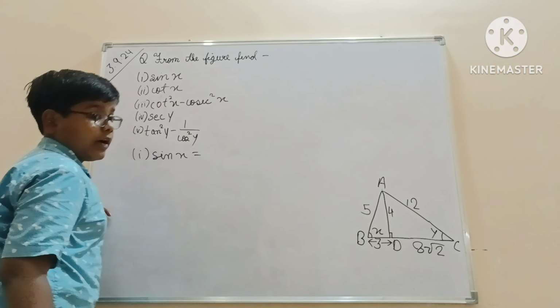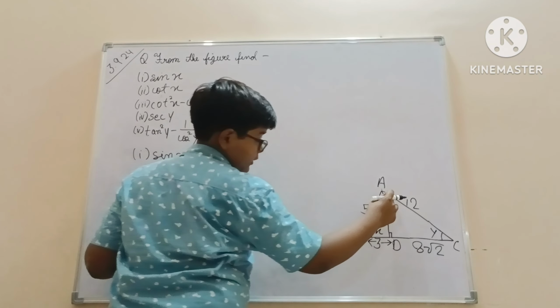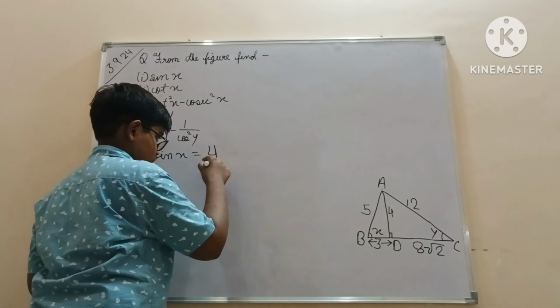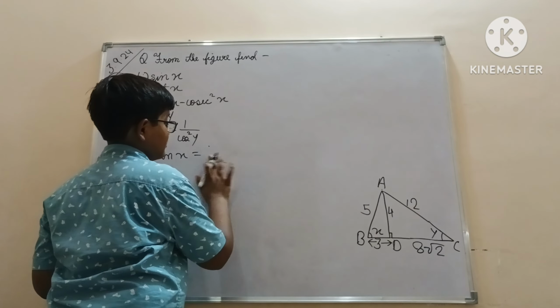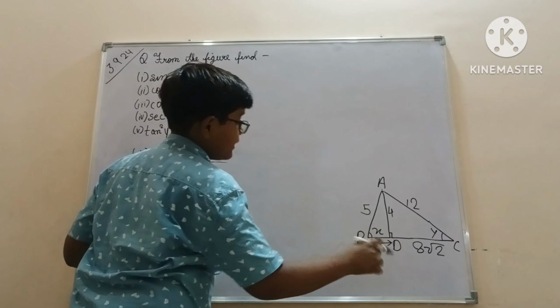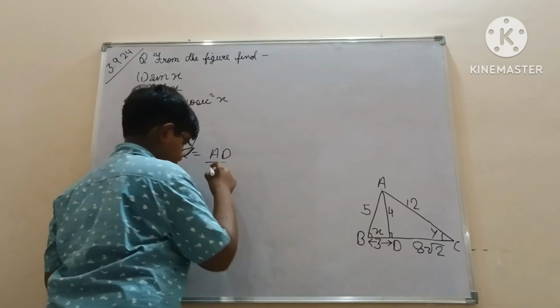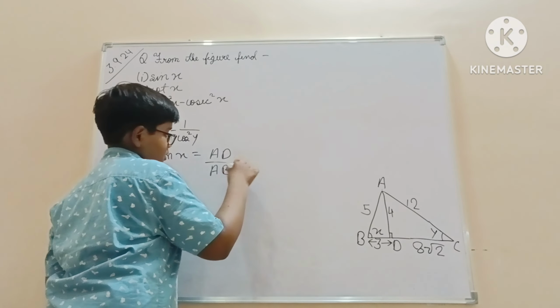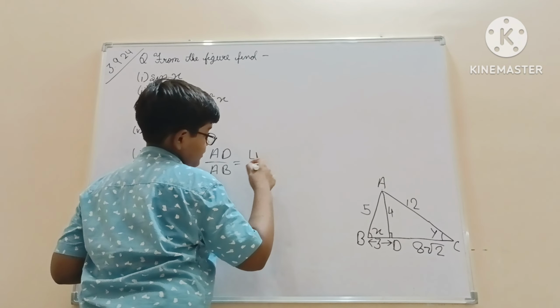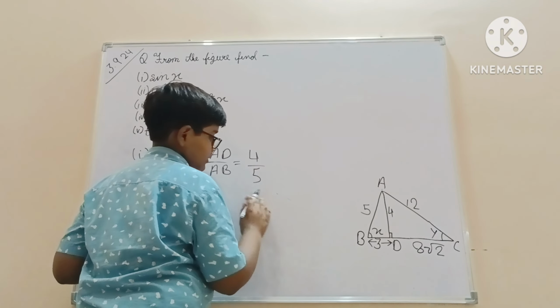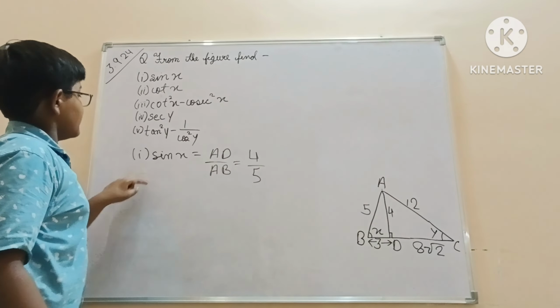Sine has the formula of height divided by hypotenuse. So the height of this triangle, which is AD, divided by hypotenuse AB. So AD's value is 4 and AB's value is 5. So now we have got the value of sin x.